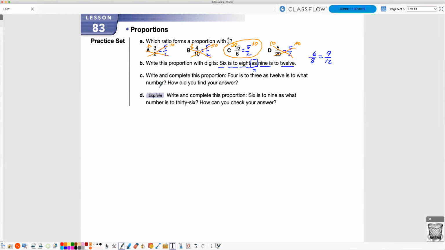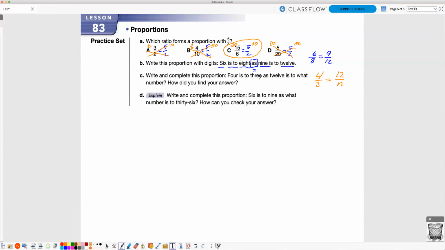Letter C, write and complete this proportion. 4 is to 3 as 12 is to what number? And then how do you find your answer? So we're trying to find out what number is missing. So 4 is to 3 as 12 is to what number? And let's just use the letter N this time.